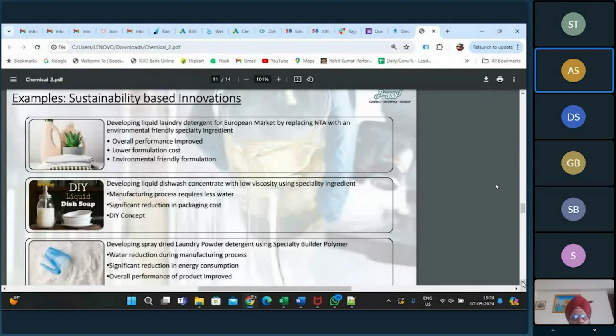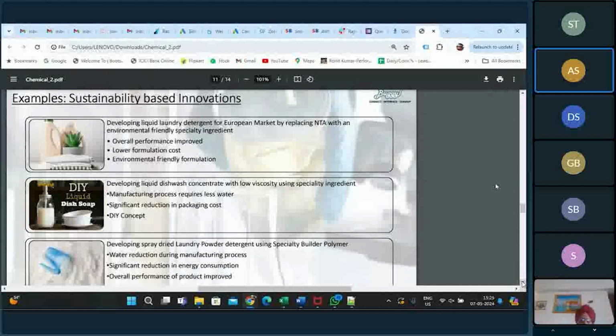NTA is one ingredient. It is a bulk chemical. It is not a specialty chemical. NTA used to be added in very high concentrations in liquid laundry detergent, one of the best performing ingredients, which takes care of hard water.